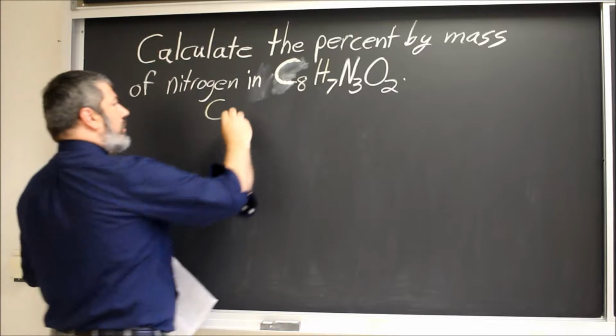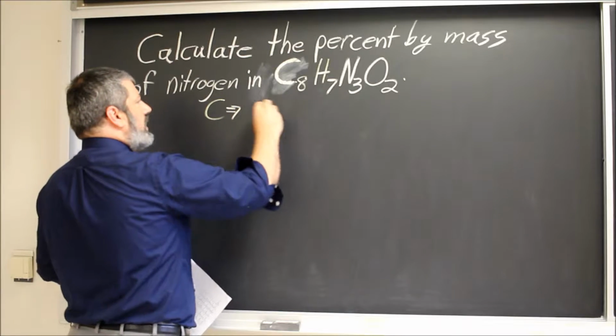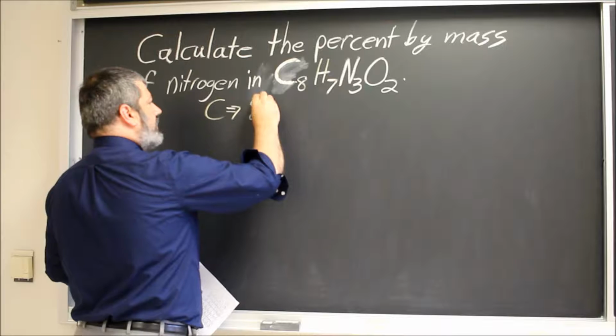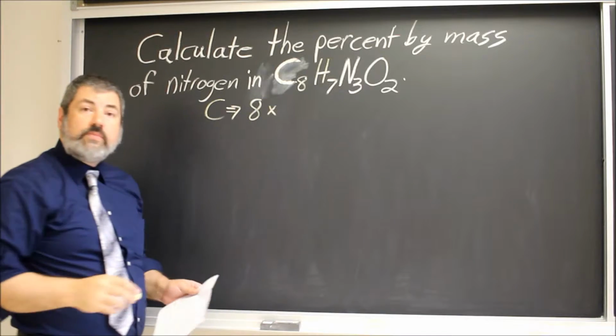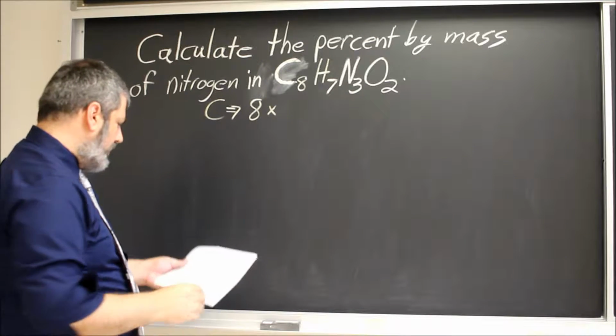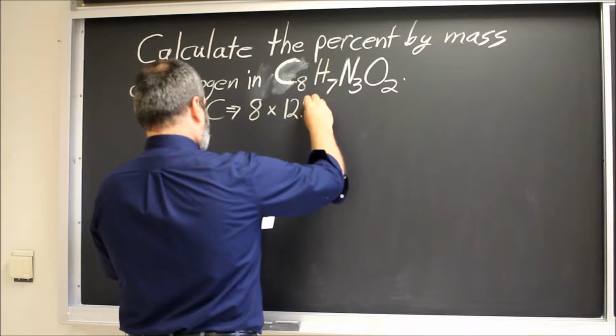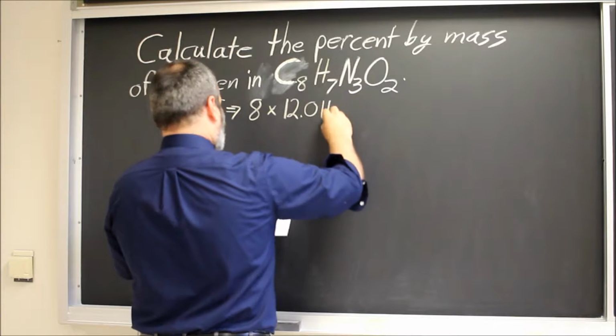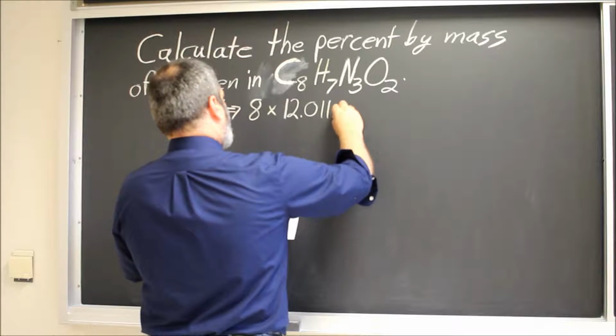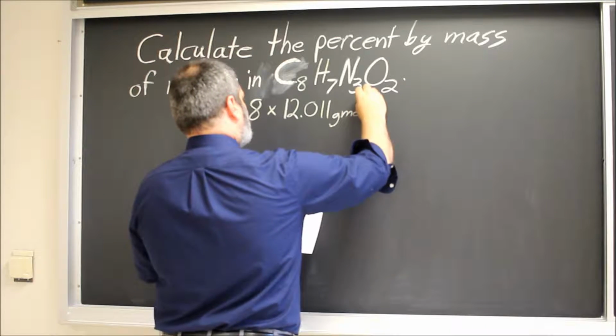So if we're looking at carbon, it's going to be 8 carbons times the molar mass of carbon, which is 12.011 grams per mole.